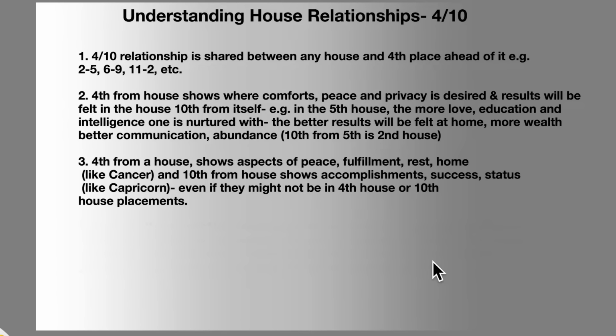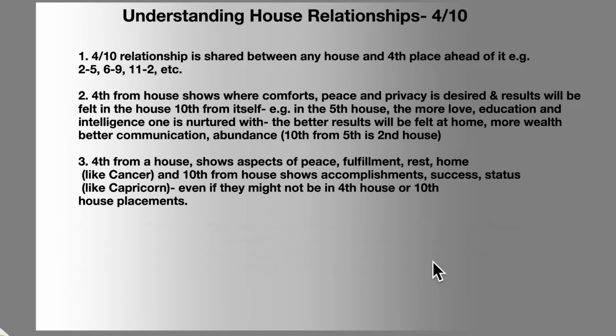So the fourth house shows where comfort, peace and privacy is desired. Take the example of Aries, from the first house to the fourth house, the classic one, from the Kalpurusha Lagna. So from the first house in an Aries ascendant, the fourth house is Cancer.